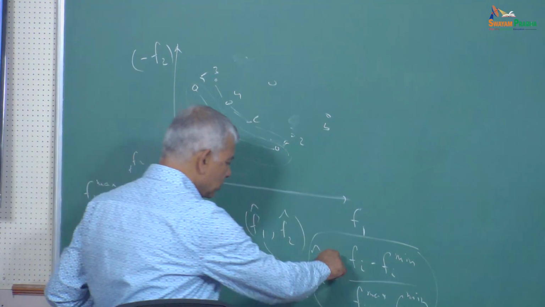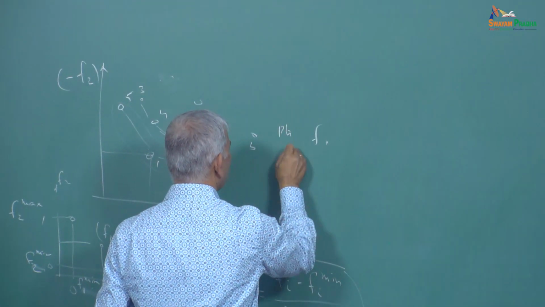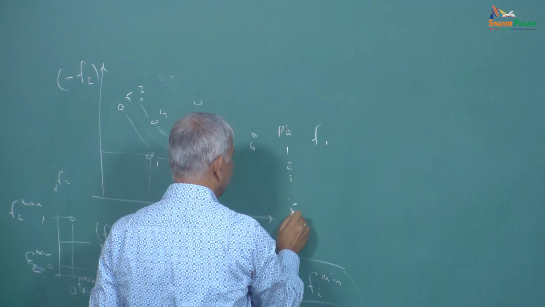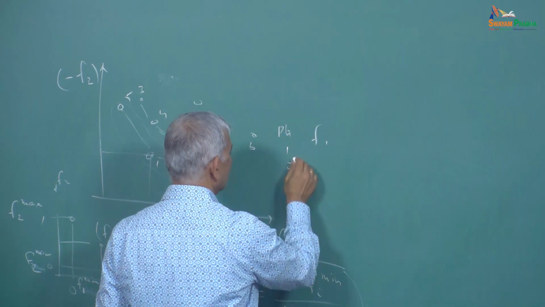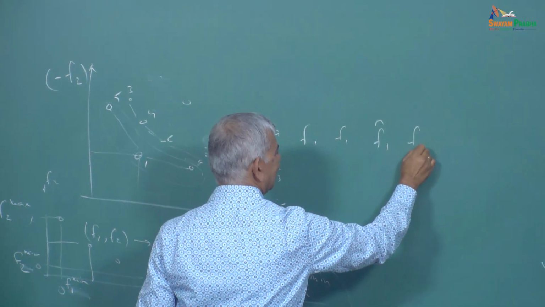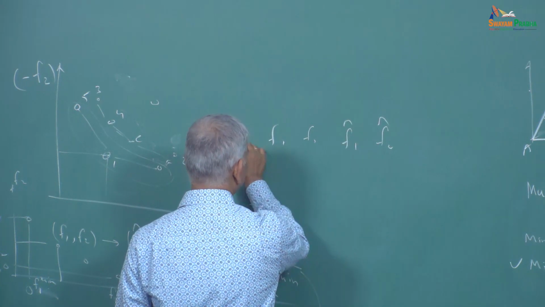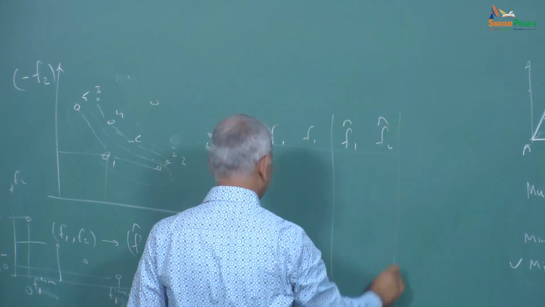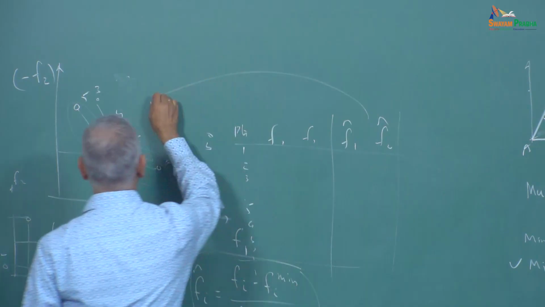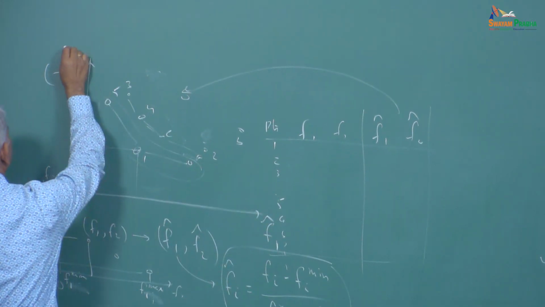So you've got points 1, 2, 3, 4, 5 and A, B, C, D, E, with f1, f2 for each of them. First do f1 hat, f2 hat with this normalization. You could do it in Excel. Now make the plot with f1 hat and f2 hat.